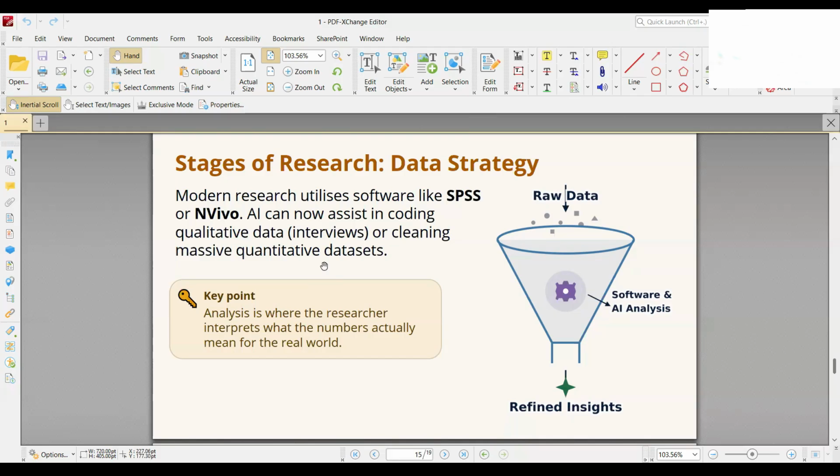Instead of getting overwhelmed by the sheer volume of material, we rely on these tools to recognize patterns and extract the core components. What we get at the bottom are refined insights that we can actually use to drive our research forward. It shows exactly how we can combine technical tools with our own focus to get the best results.